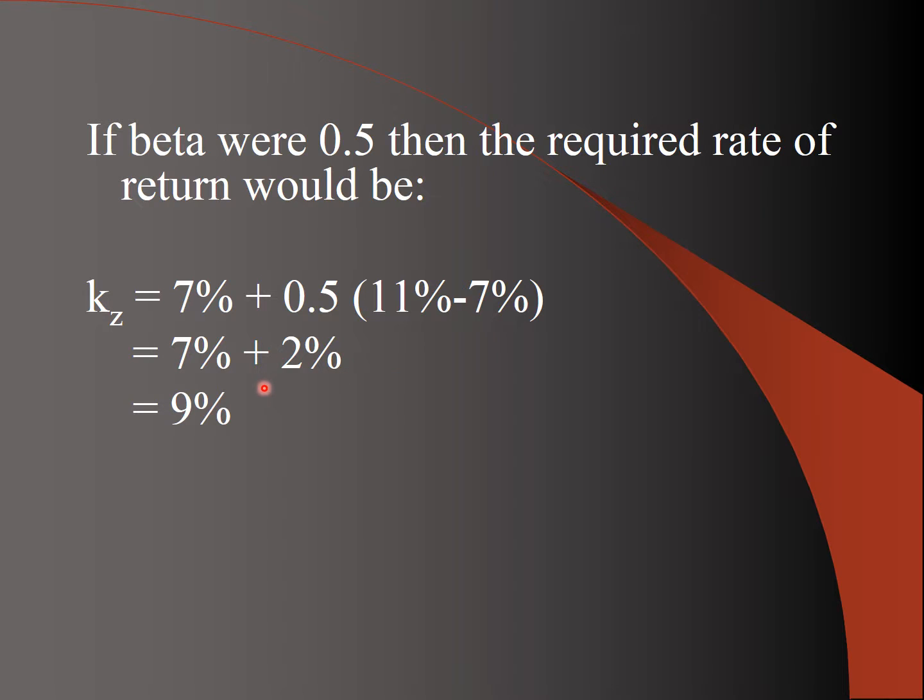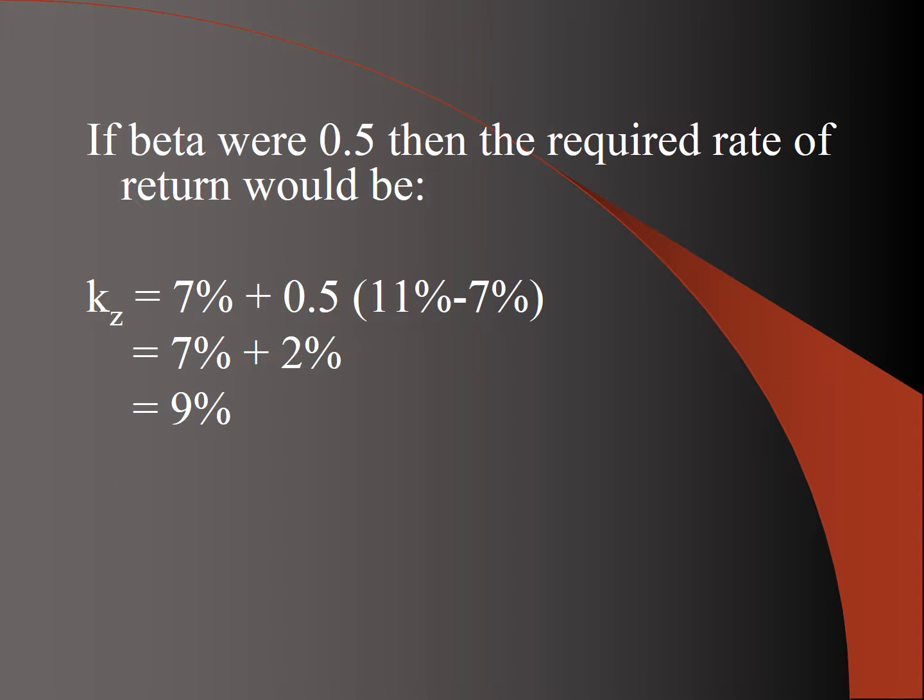Notice this asset has a risk premium of only 2% because it's got a very low risk. It's half as risky as the market. So therefore, this asset, this happens to be another stock Z, is 9%. This is what if stock Z's beta was 0.5 instead of 1.5. Your required rate of return would be only 9%.